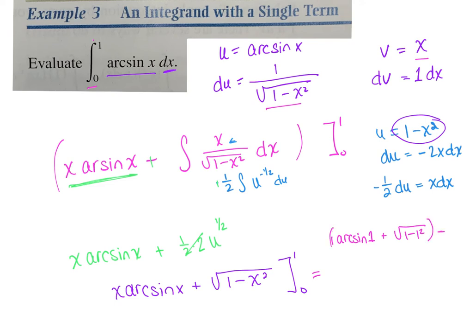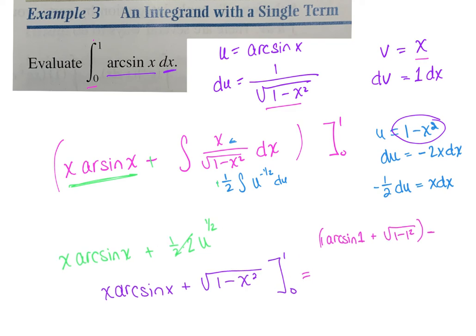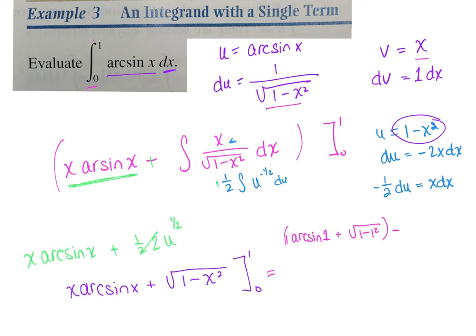minus, and don't assume that the arc sine of 0 is 0 because it's not, minus arc sine is 0, but I am multiplying it by 0, so that will zero that out. Just pay attention. The only reason this one zeroes out is because there's an x in front of it, okay? Because think about what arc sine means.